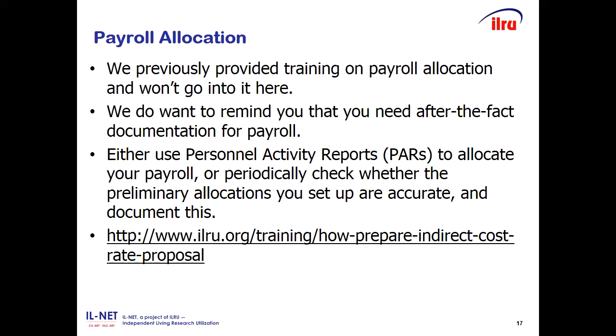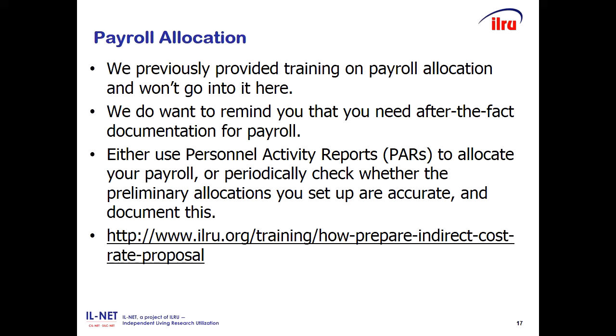But do remember that payroll is a big piece of this, and you have to make sure your record keeping on payroll is accurate. We haven't seen this happening with any of our centers, but we did see a number of other organizations in the past who had costs disallowed because they didn't keep this record accurately. So you do want to make sure that you don't find yourself in that situation.